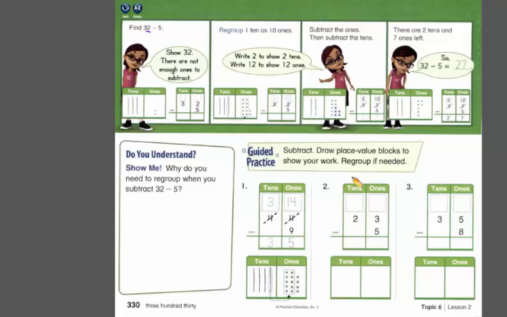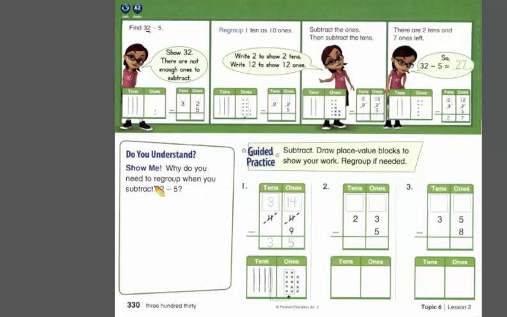Then I cross out 1 ten rod and draw 10 ones cubes to show the exchange. Then I cross out 8 ones cubes, so 23 minus 8 equals 15, correct? 15. One more time.